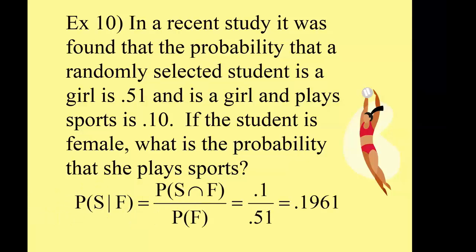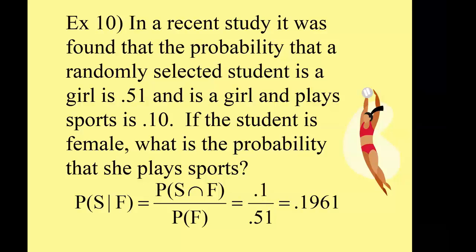Okay, so let me put it up there and we'll talk about where they got these numbers from. Given that we're talking to a girl, I would like to know the probability she plays sports. They phrased it in that conditional sense: if this condition happens, what's the likelihood of this other condition happening? So we look at "and" over "given."